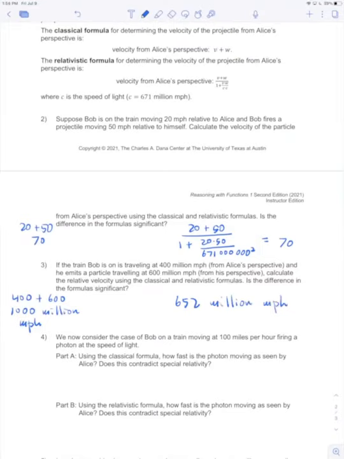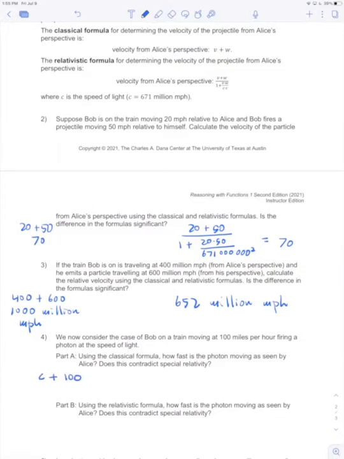Part 4, we now consider the case of Bob on a train moving at 100 miles per hour, firing a photon at the speed of light. Part A, using the classical formula, how fast is the photon moving as seen by Alice? Does this contradict special relativity? Well, for part A, we'd have c, we're going to use c for the speed of light, plus 100 miles per hour.